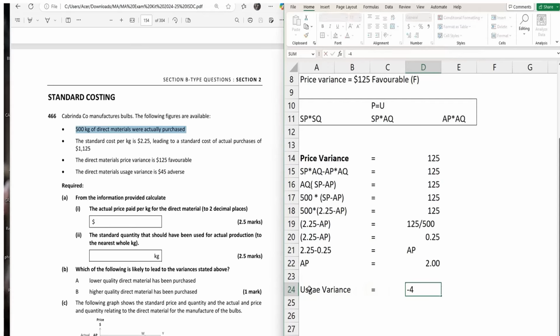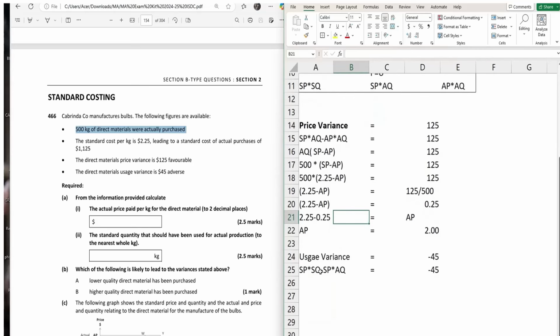That means negative 45. If the scenario mentions adverse, that means negative sign. And what is the formula for the usage variance? Your SP into SQ minus SP into AQ. I have just copy pasted this from the above chart.